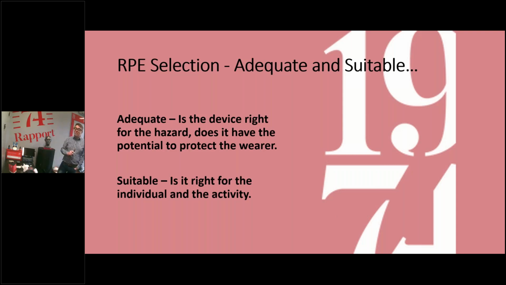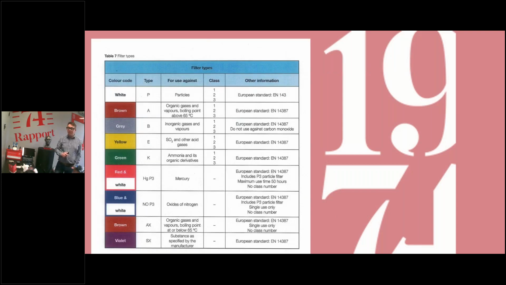If we could just advance one slide, please, folks, we should be looking at a color-coded chart. On this chart, you can see all the common filter types for the hazards that we could encounter. For example, at the top of that slide, you can see a white color coding, which denotes a particle filter. We can get P1, P2, or P3, which is essentially particulate class 1, low protection, class 2, medium protection, or class 3.